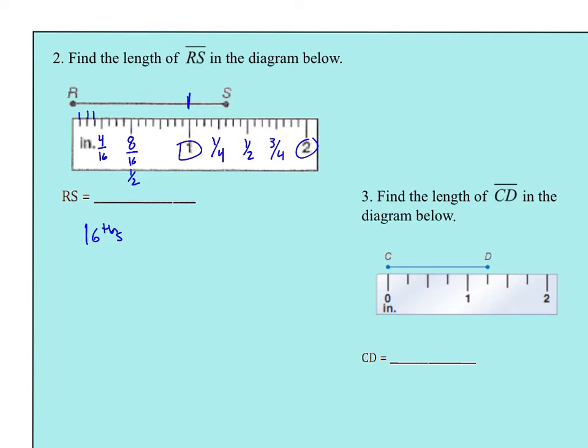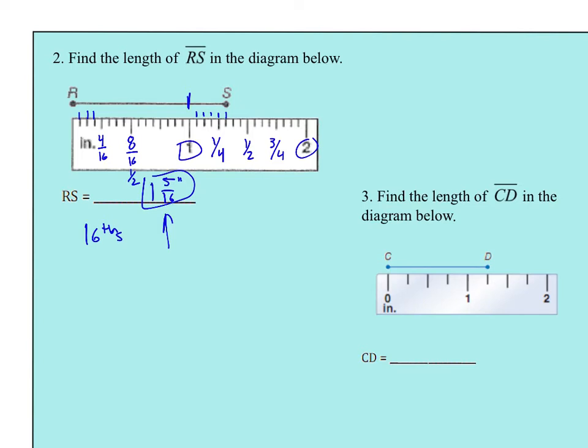So we have 1 inch, and then we go 1, 2, 3, 4, 5. So this would be 1 5/16. Many tools, if you've ever worked with any ratchets or anything, have measurements in inches.